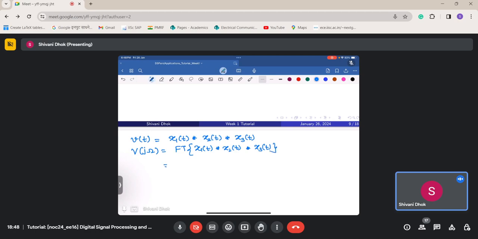Using the convolution in time property of the CTFT, this is simply equal to the multiplication of the Fourier transform of x1 with the Fourier transform of x2 of t and the Fourier transform of x3 of t. So V of j omega will be equal to X1 j omega times X2 j omega times X3 j omega, and this is through the convolution property.